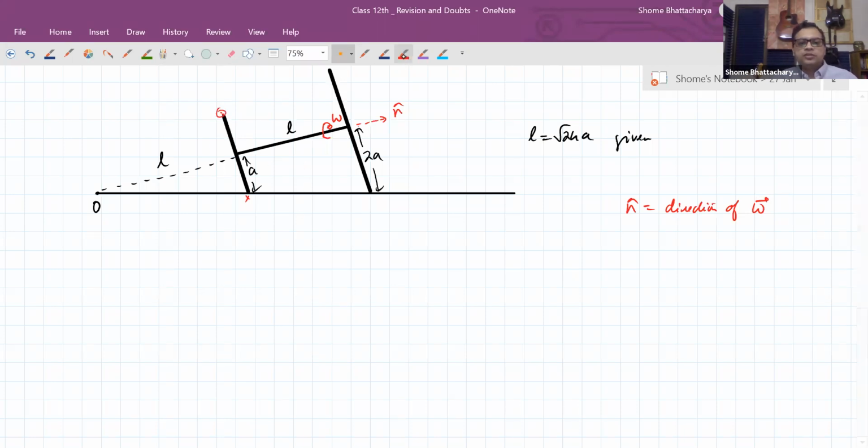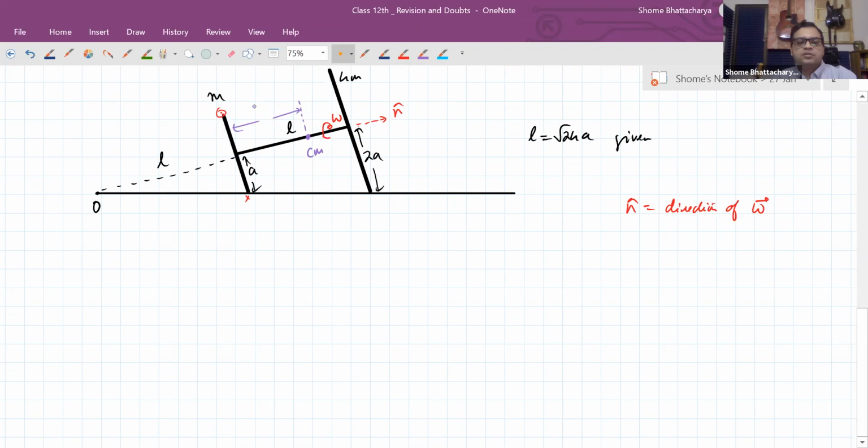So anyway, first of all, because this disk is of mass m, and this one is of mass 4m, the system center of mass will be lying here. Okay, and we can figure out what this distance is.